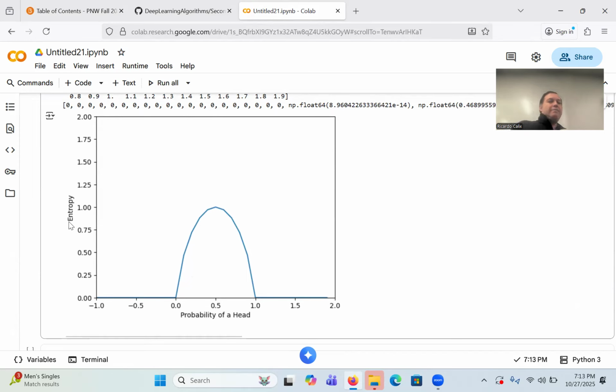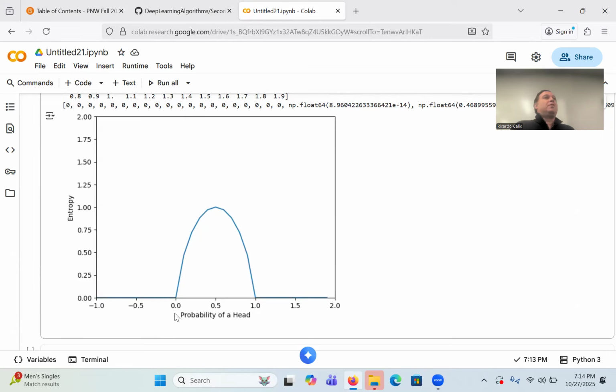On one side, I have entropy on the y-axis, and this is the uncertainty. And then on the x-axis, I have the probability of heads, right? And this is the case of a fair coin. So if the probability of heads is 0, how much uncertainty do I have on a two-outcome problem?